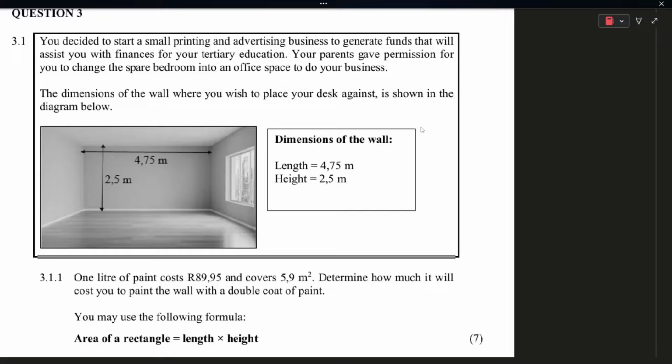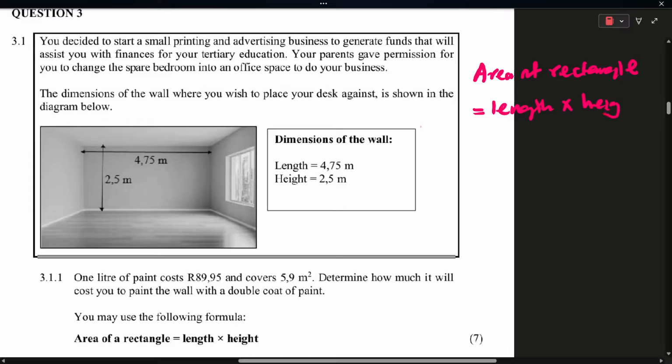Okay? I think this question is very, very interesting, but I know we're going to get the cost. Right. Where do we start, learners? Let's start with the area because we're being told about this. Okay. Area of a rectangle. You can pause the video and try. What is the area? We're being told that it's length multiplied by height. And then what is the length?